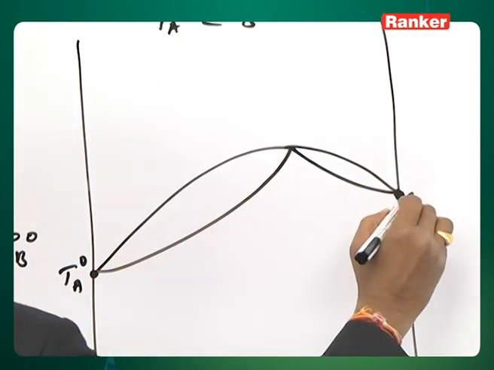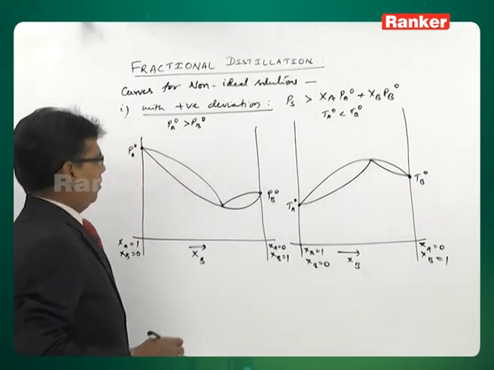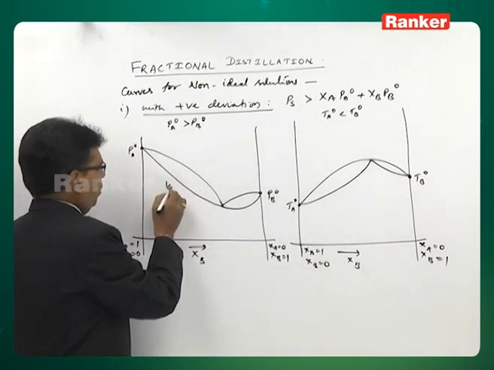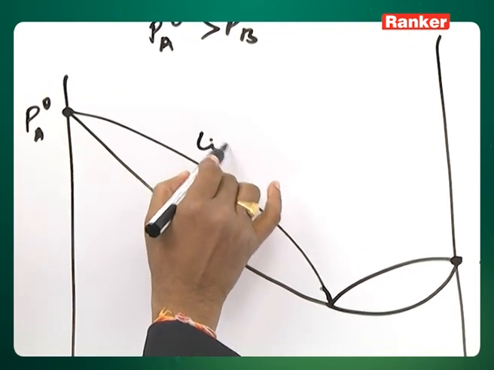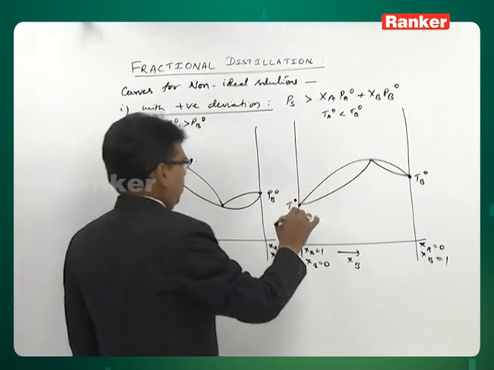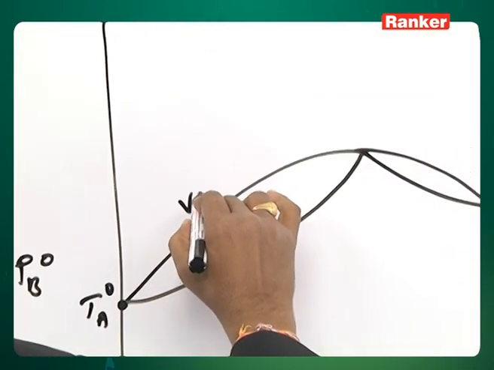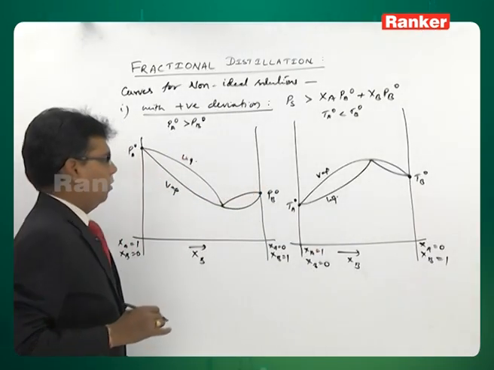This is T A naught and this is T B naught, like this we get. In this case, the lower curve will be of the vapor phase and the upper curve of the liquid phase. Here it gets reversed: this will be the vapor phase and this the liquid phase.